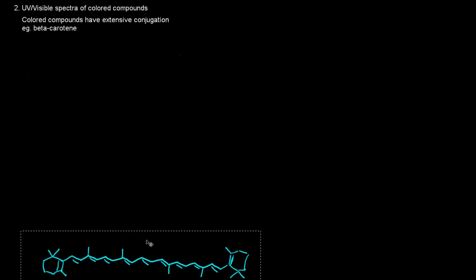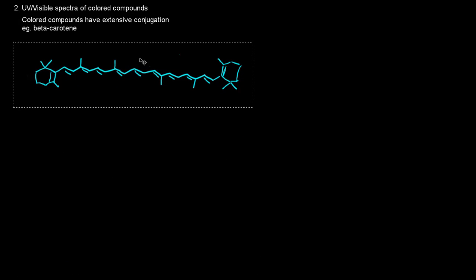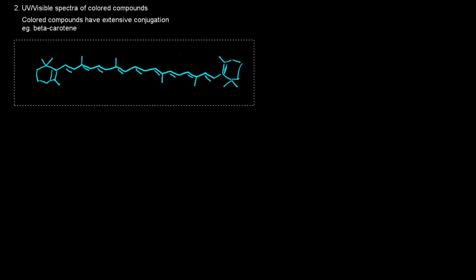So that indicates to us that colored organic compounds are going to have extensive conjugation. A good example of that is beta-carotene. And so let's take a look at the structure of beta-carotene. I think you'll agree that we can call beta-carotene extensively conjugated. And so we'll now take a look at its UV visible spectrum.